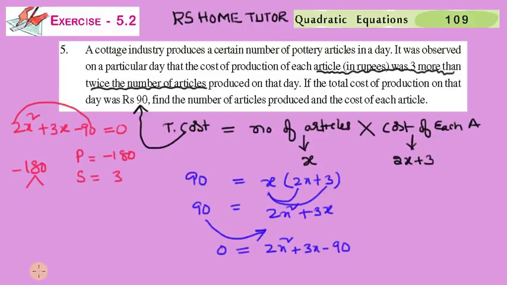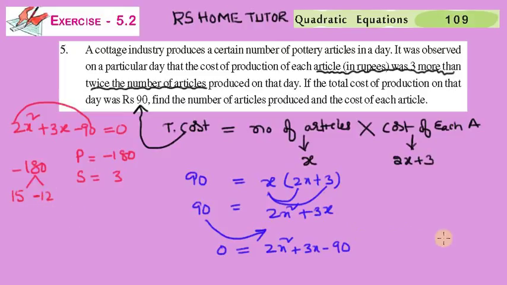We have many pairs, but one pair it shows, that is 15 and 12. 15 12s are 180, and the sum should be 3. So if I take plus 15 and minus 12 here, the sum of these two is 3 and the product is 180.